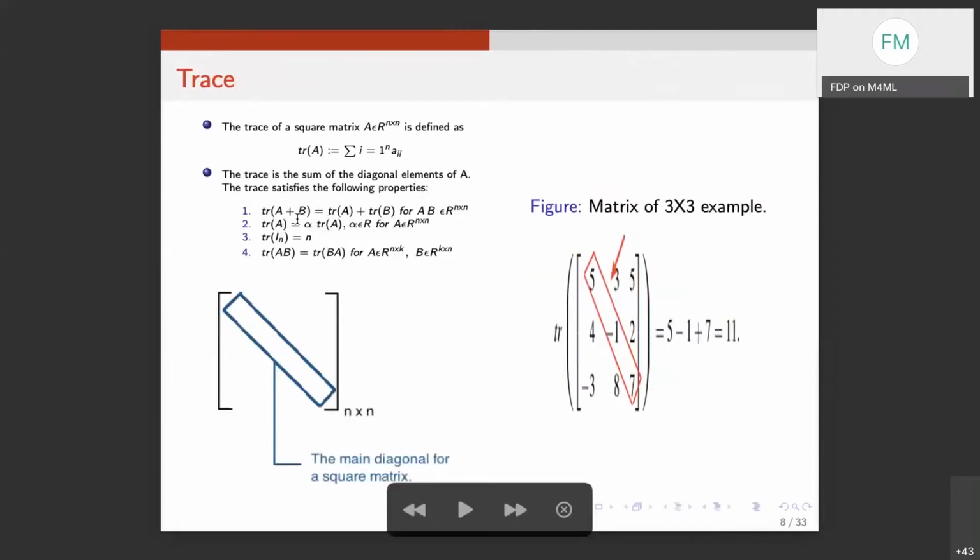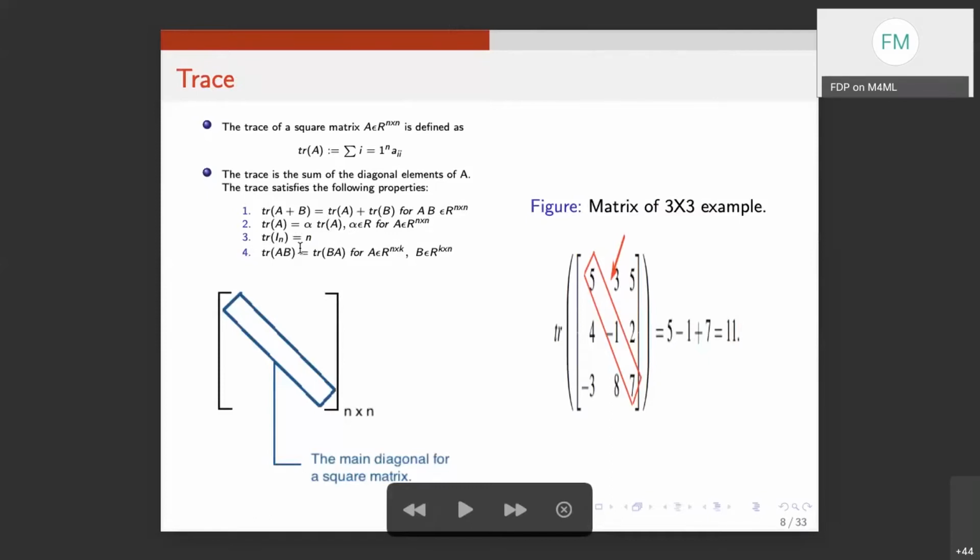So trace of A plus B is equal to trace of A plus trace of B for all A, B that belong to R n cross n. Similarly, the second property is trace of alpha A is equal to alpha into trace of A, where alpha belongs to the set of real numbers, for all A that belong to R to the power of n cross n.